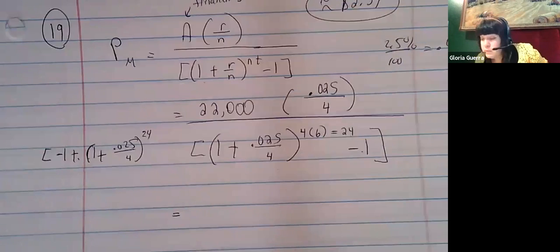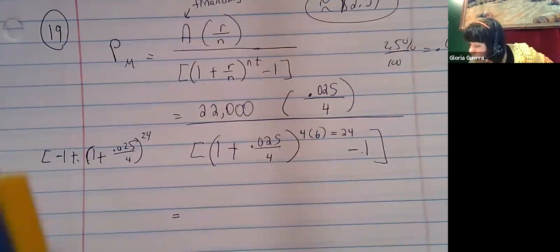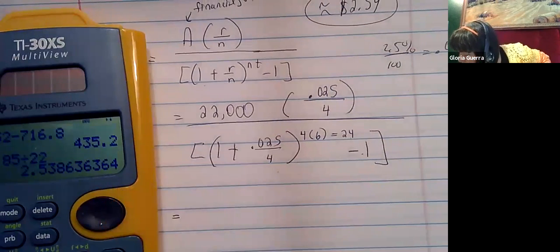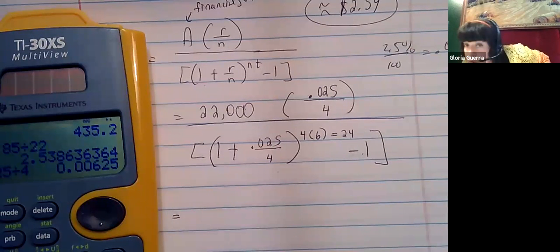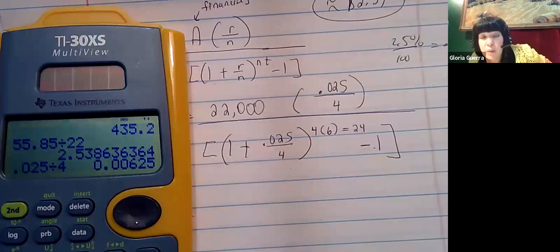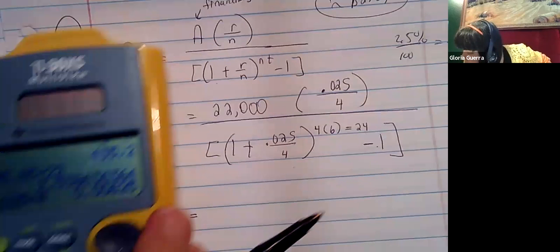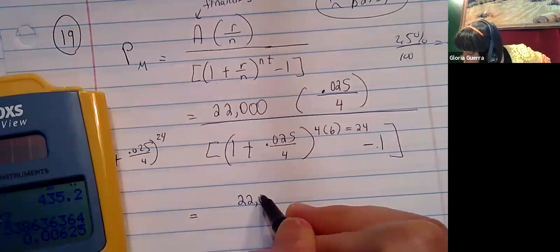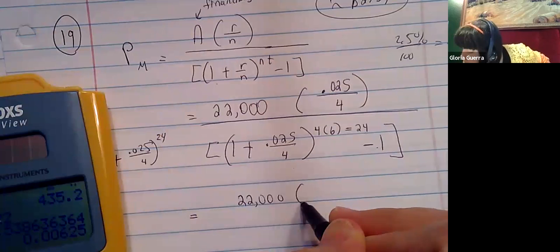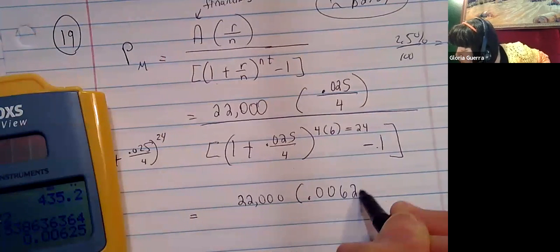Okay, now let me see if this terminates. Let me see what 0.025 divided by 4 is. Okay, good. See how that terminates? That's good. And so I'm going to say then that this is 22,000 times 0.00625.